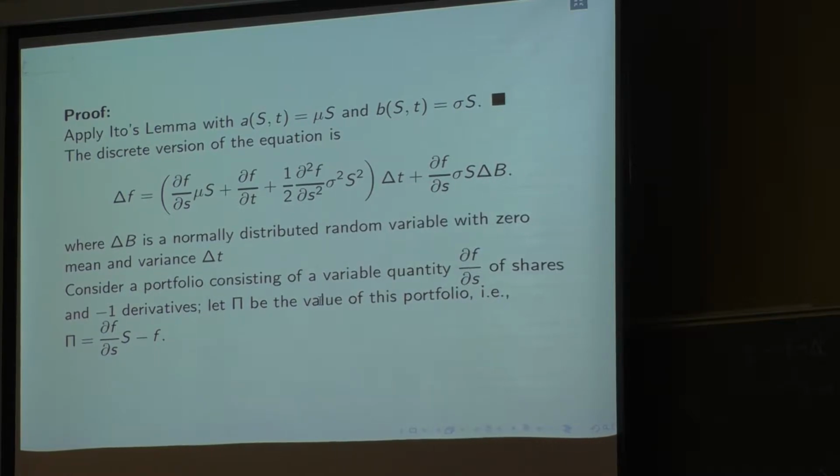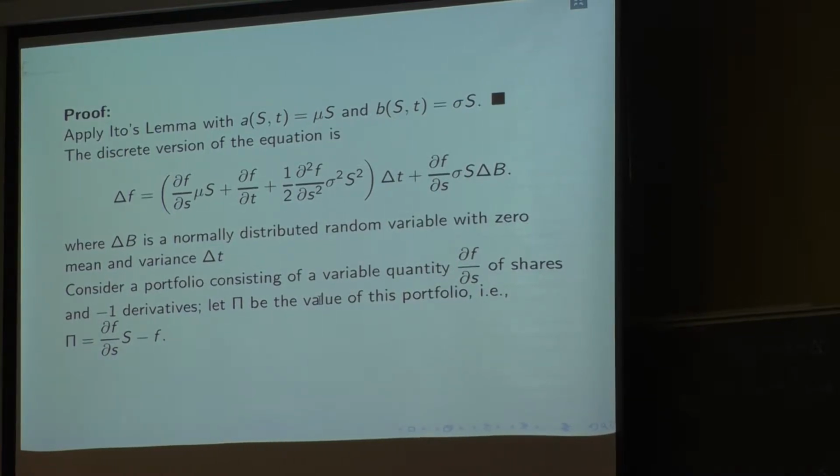So the contribution of the derivatives to the price of this portfolio is minus F. Okay? Is this making sense? Does this look similar to what we've done in the case of binomial trees? Can you hear me?